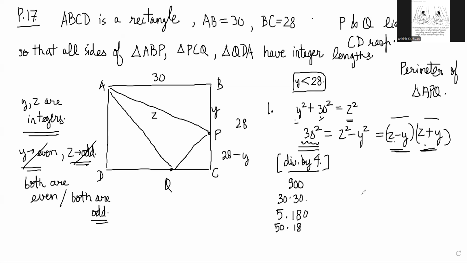In general, Pythagorean triplets can be made. We have seen that before also, I think. m square minus n square, 2mn, and m square plus n square, right? These numbers will make Pythagorean triplets, because the sum of squares of the first two will be the third square.